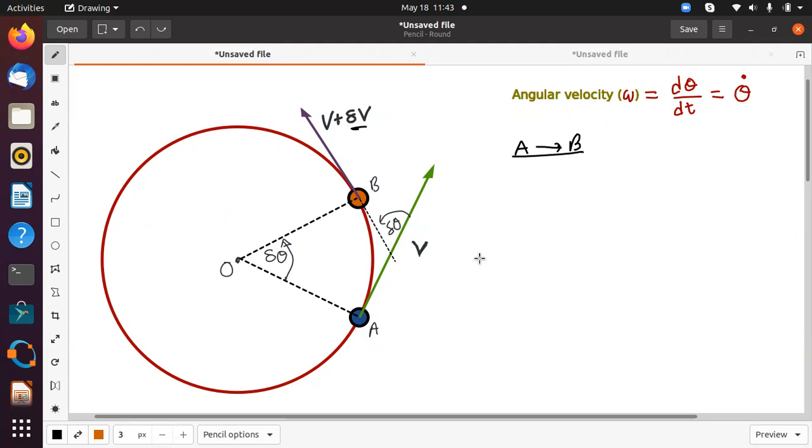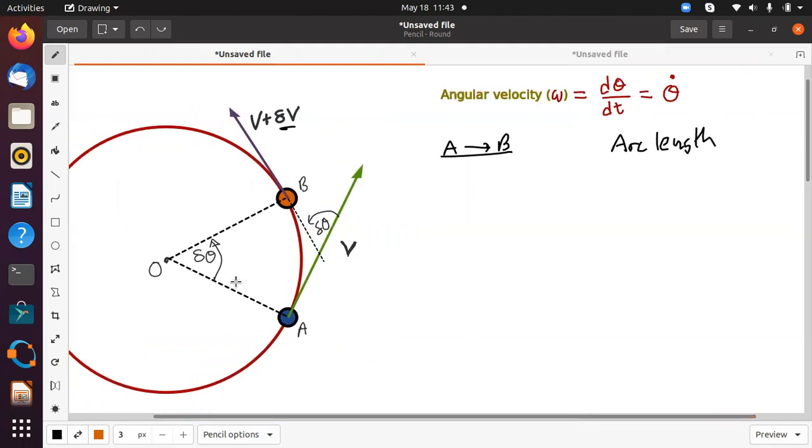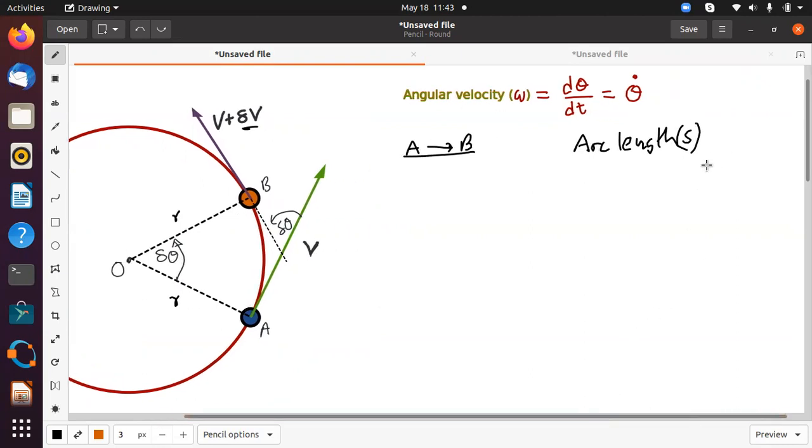Now, when it goes from A to B, it goes in a circular path. What is the arc length here? From trigonometry, you know that the radius is R, and R does not change. When it changes the position by delta theta amount, the arc length, let's call it S, is equal to R delta theta.